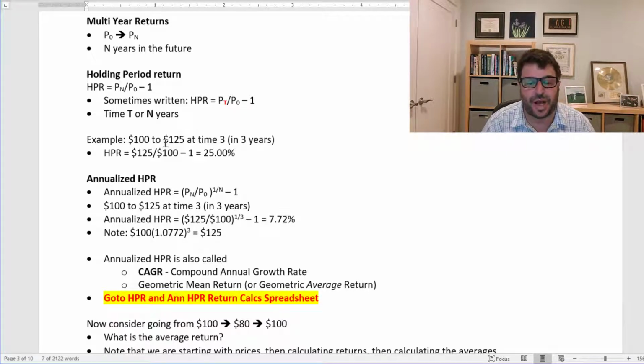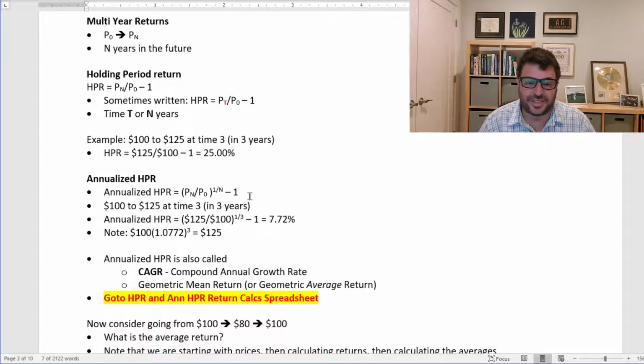But it's very common to actually communicate not the aggregate over the 3 years, but how much I earned in any year. And so I'm going to distinguish between the holding period return, the HPR, and the annualized holding period return. And this is going to equal Pn divided by P0, but now I'm going to take this to the 1/3 power before I subtract my 1.